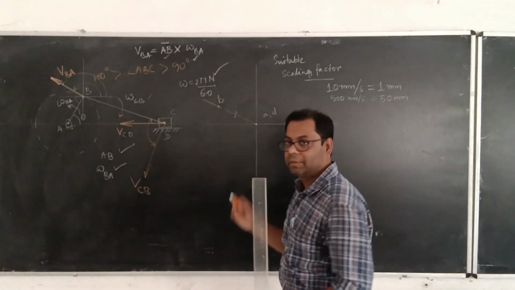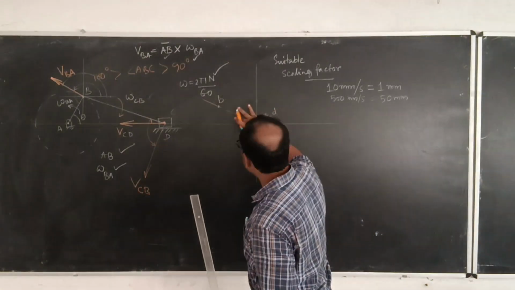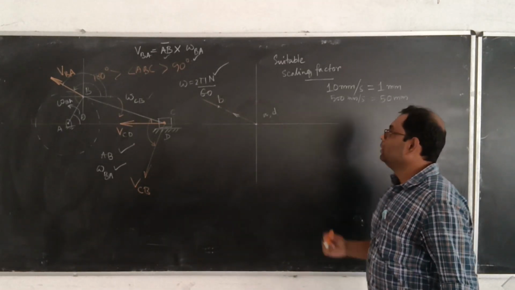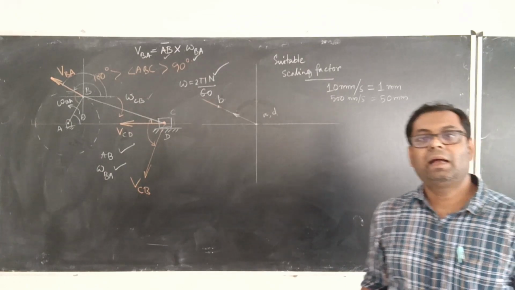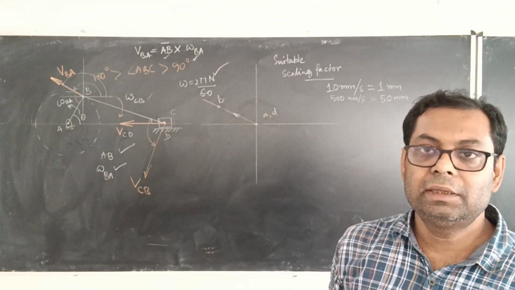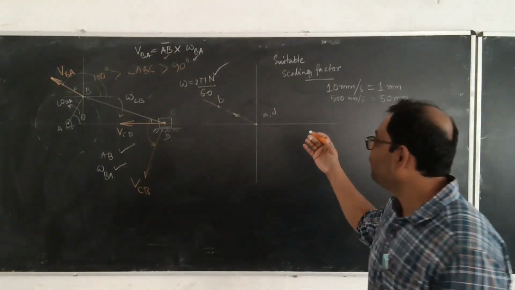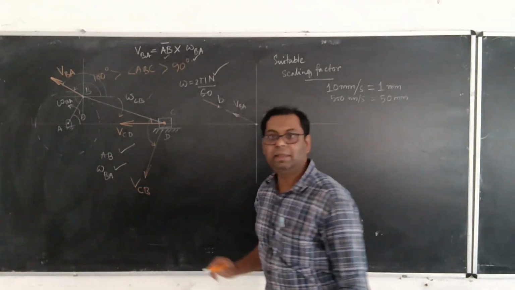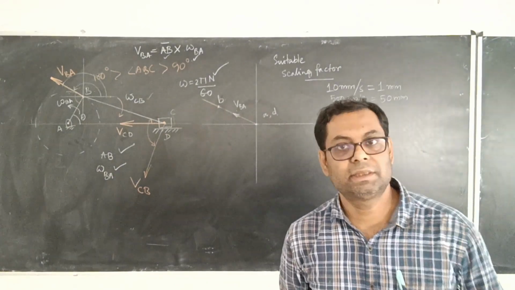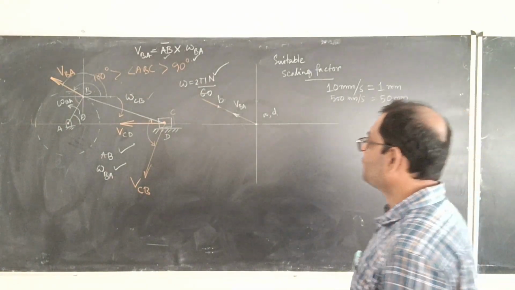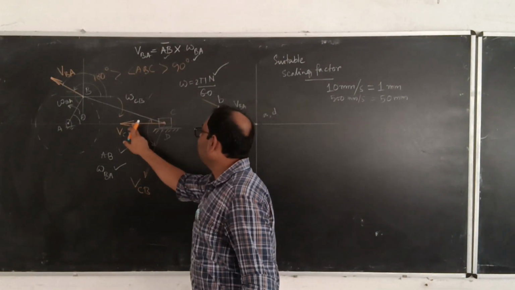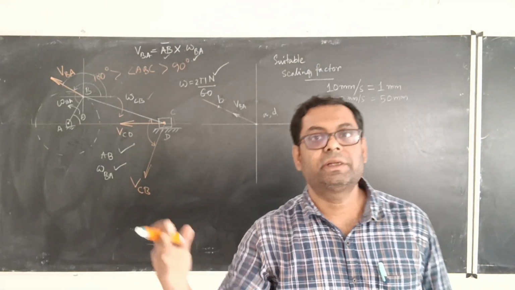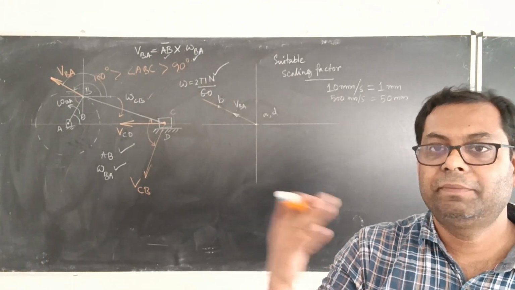So AB. Now the direction is very important. So this is the direction. So we got the real direction, the real dimension of the velocity VBA, something like this. Simple, isn't it? Next, this particular vector, velocity of C with reference to D, is acting in a straight line along the x-axis in the left-hand direction.